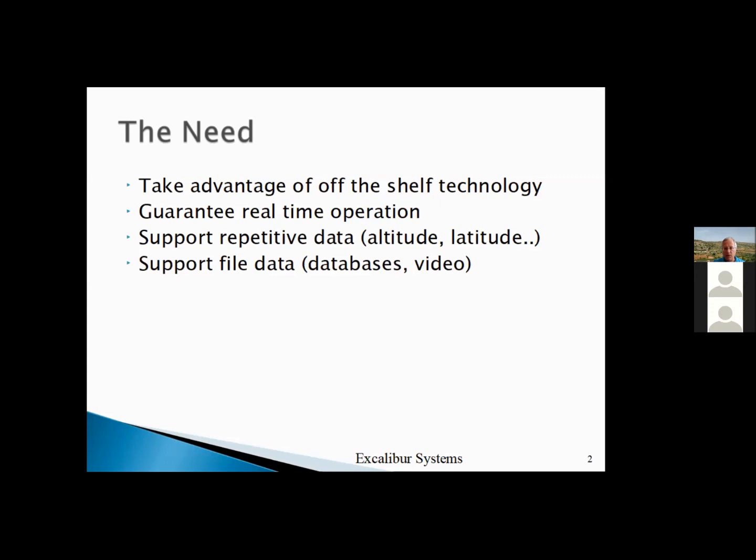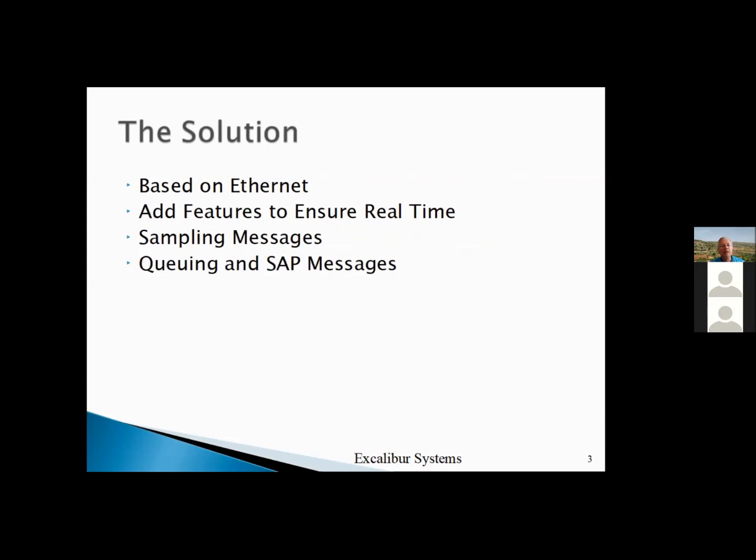So these were their two needs. They wanted to be able to send data that does change and data that doesn't. Okay, so what they decided to do is to base it on Ethernet. Ethernet is a very smart choice because there are billions of users, and there is such a huge market that there are constantly more developments of new things.